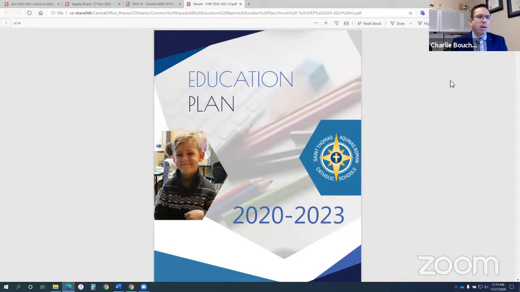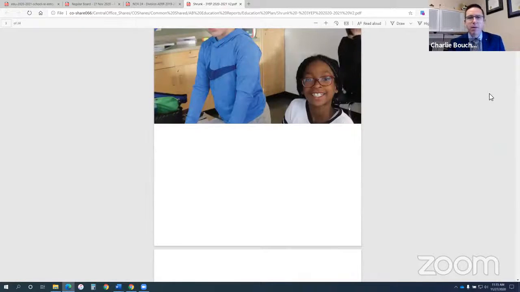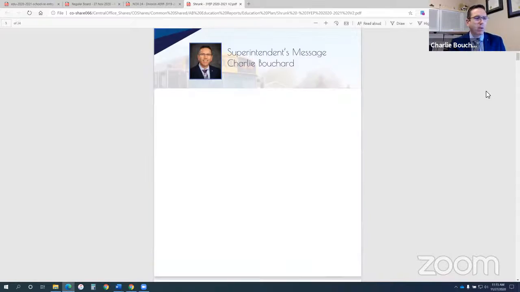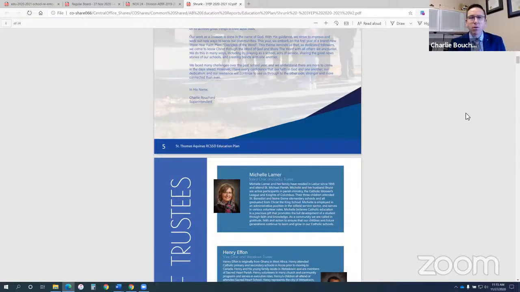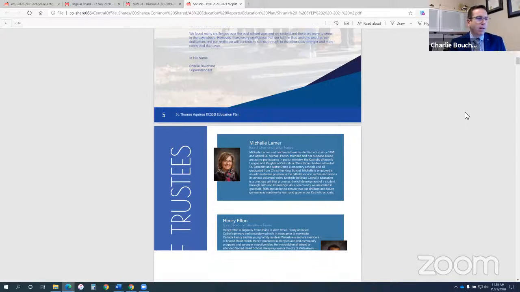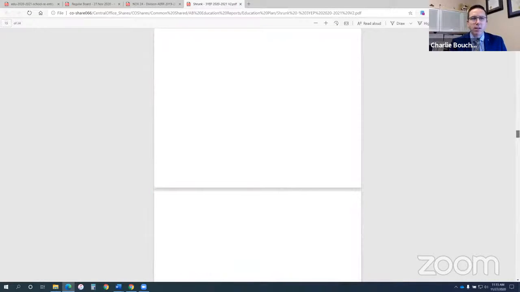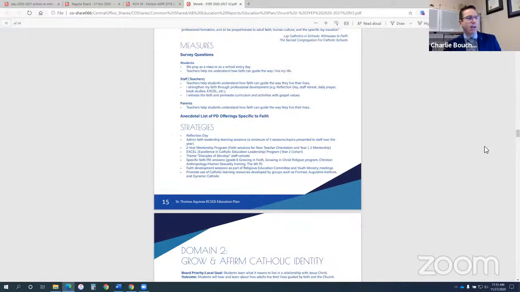Of note in the education plan is that there are no measures. So that is different. You are used to in the past seeing an annual education plan and results report under one cover. So what's different now again is the education plan only lists the goals, the associated strategies, as well as the way that we will as a division measure those goals and our progress on strategies.